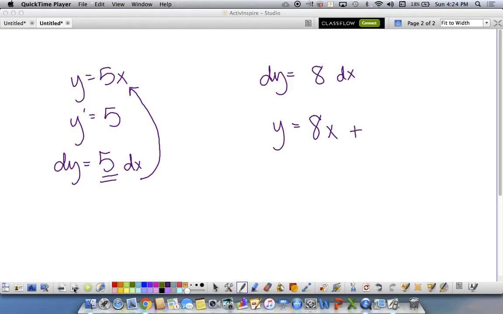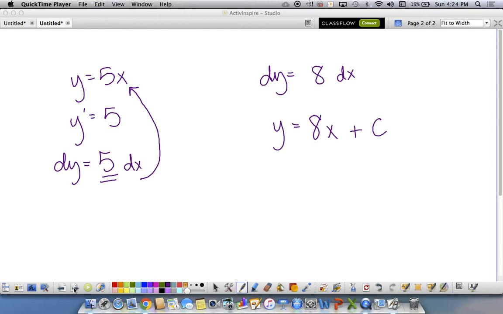Now, also with integrals, there's something else we have to have out there, because that could be a full line. It could be 8x plus 7, 8x minus 12, 8x plus 52. There's a constant out there. We're going to check y.